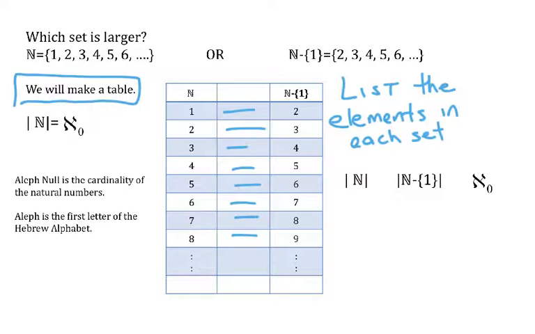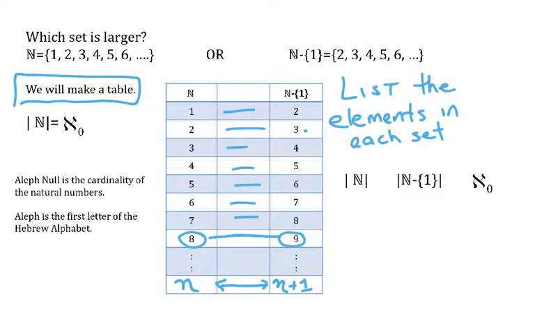So I'm going to pair the number 1 with 2, the number 2 with 3, and so on. The number 8 gets paired with the number 9. So in general, if I'm looking at some natural number n, do you see what its partner would be over here in this set? Isn't that n plus 1?